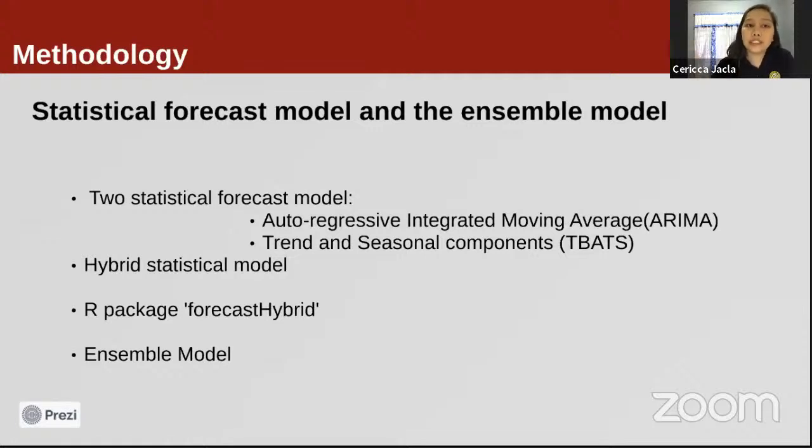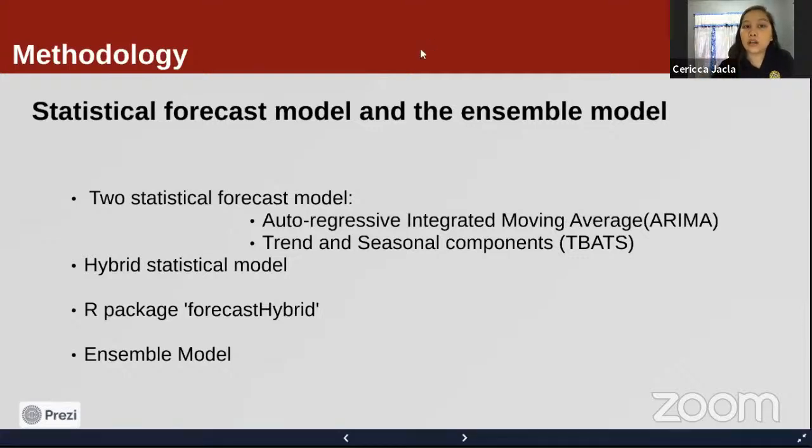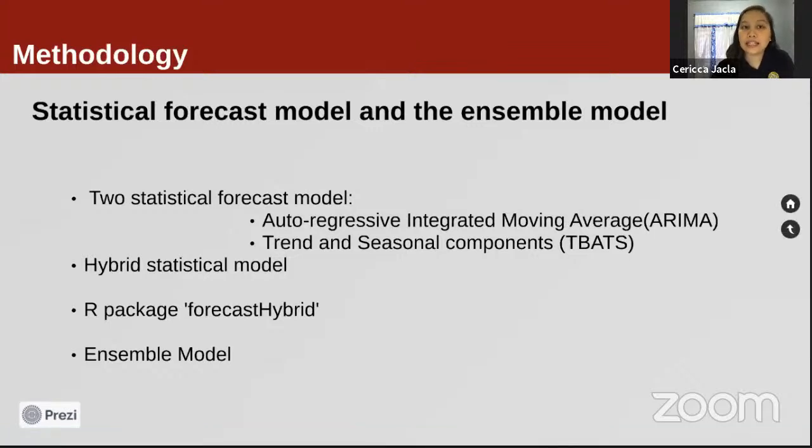So our researchers used two statistical forecast models, namely the autoregressive integrated moving average, also known as ARIMA, and the trend and seasonal components, also known as TBATS.